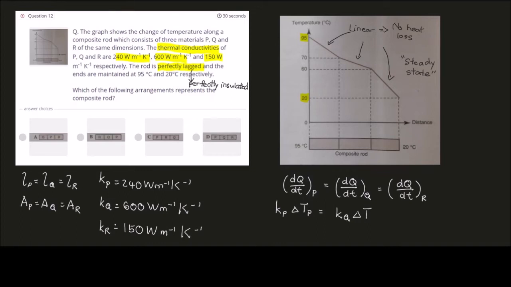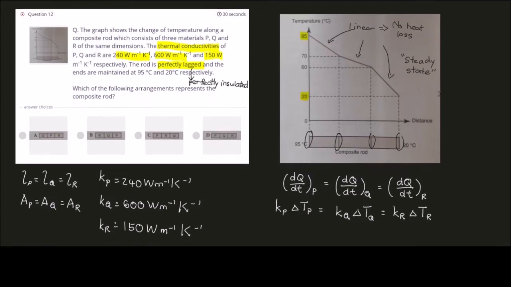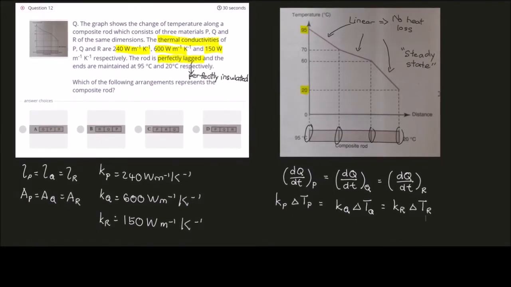This is the difference between one end and another end of the rod. Okay, this is the difference between the temperatures of the ends of the rod. So yeah, I have to be more careful with my usage of language. So K_R, then this one will be delta T_R. So we know the values, so we can probably do a little bit of ascending, descending order things.